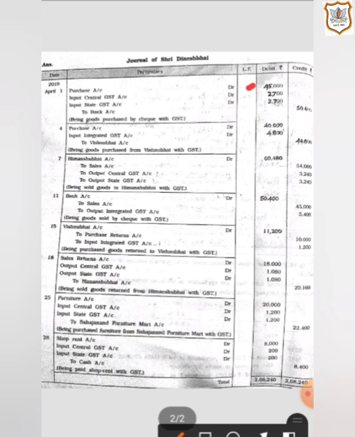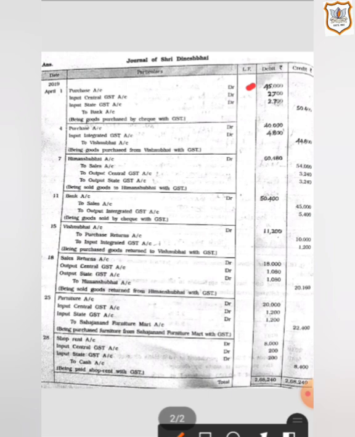Here we need to insert the word input before CGST and SGST, as this is the case of purchase.